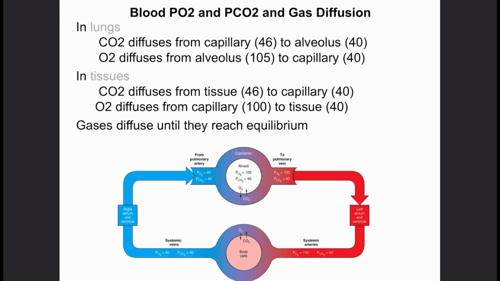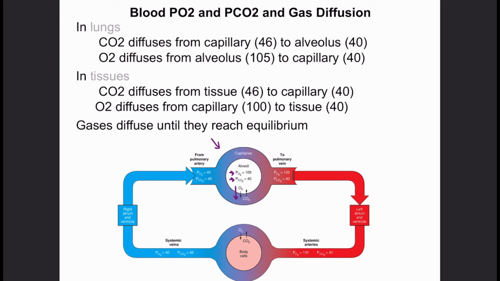In the lungs, shown here, the pressure of oxygen is really high. The pressure of carbon dioxide is lower. So the pressure of oxygen is going to go from high in the alveoli to low in the capillaries.